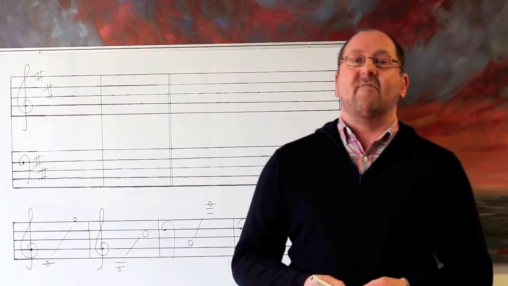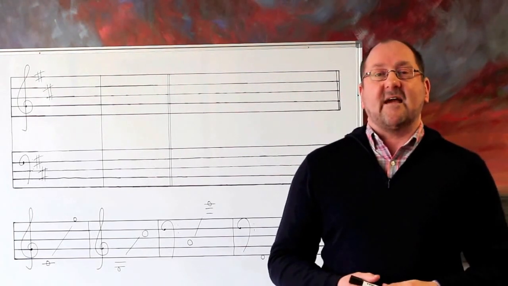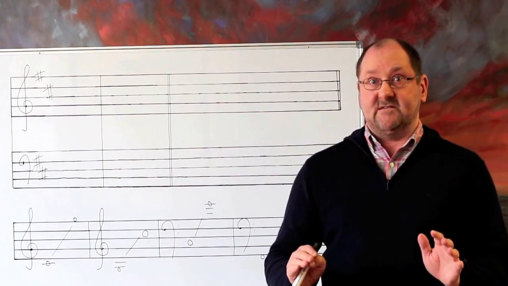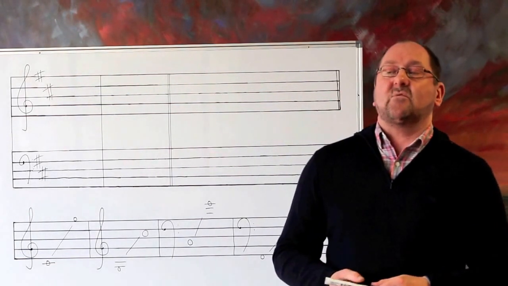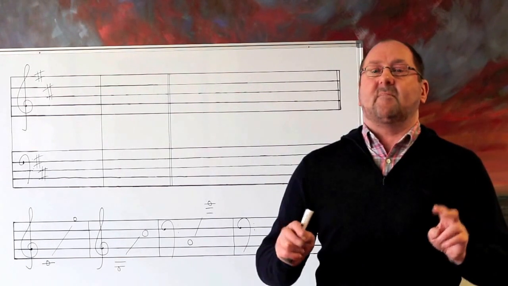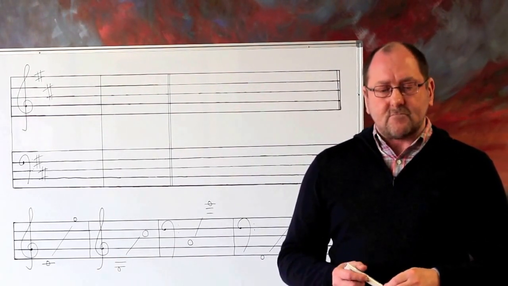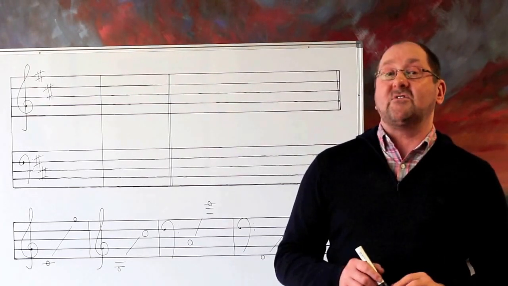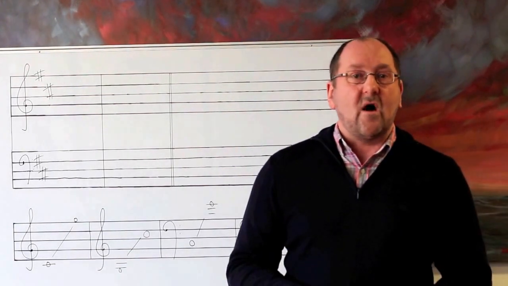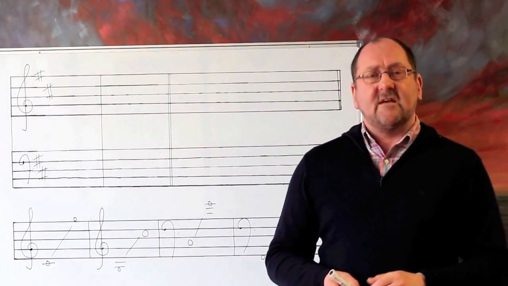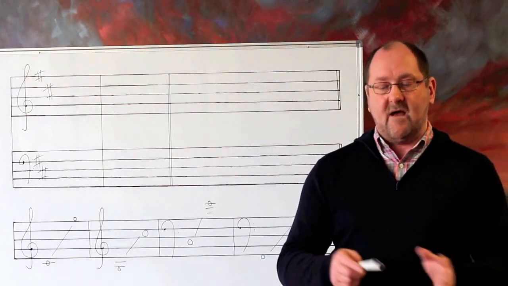Now when I say 4-part vocal style, what I mean is that we're actually conceiving of writing this cadence in 4 voices. So even though 4 voices might not actually be singing the cadence, we have to think about voicing. So when we're writing this cadence, it's very important that we know the vocal ranges of the various voice types. Those of you who've sung in choirs will know that there's usually 4 voice types if we're talking about male and female voices.